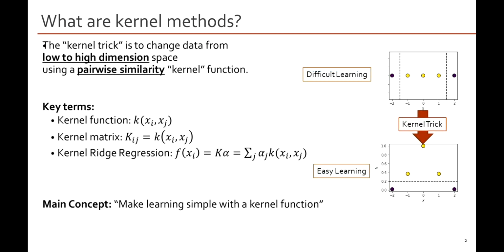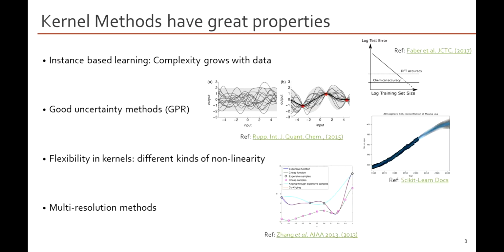The two are equivalent. Now these kernel functions, outside of being a conceptually beautiful trick that lets us train good machine learning models, also have a number of very beneficial machine learning properties. They're an instance-based technique, which means that the number of parameters in the model increases with the number of data points.